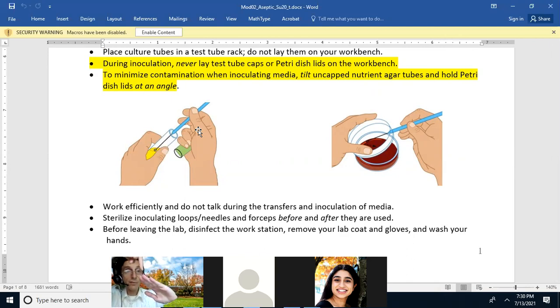Something falling down right here is not going to get into the tube, and only something falling down right here, in a small area, can get into the tube and then contaminate it. So you hold the tubes at an angle. If it's a liquid broth, you can't hold it at a 90-degree angle. You have to hold it at something like a 45-degree angle. If it's a solid, you actually could put it at a 90-degree angle, and then there'd be almost no risk of contamination.